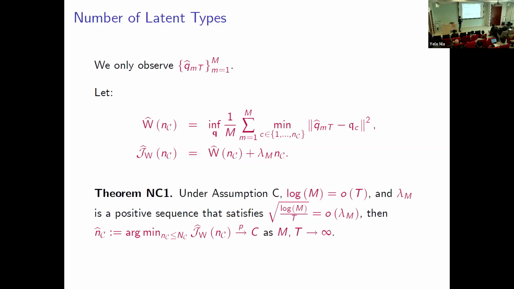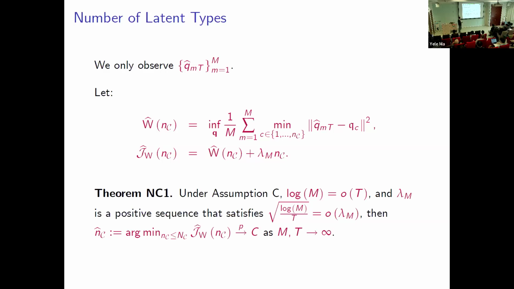In particular, this J hat function requires you to specify the number of types that you want to have a quantification of information for. And it consists of two terms. The first term is a measure of fit.